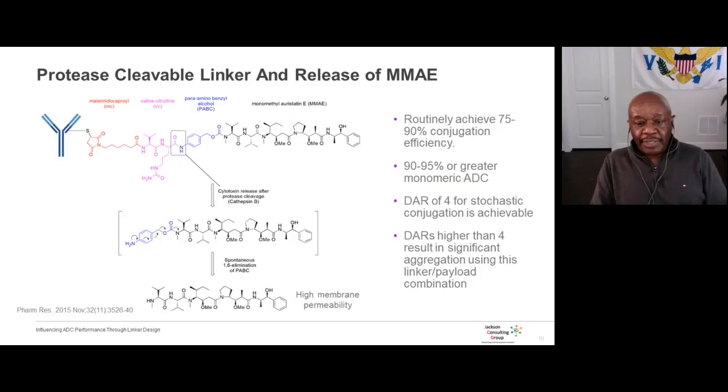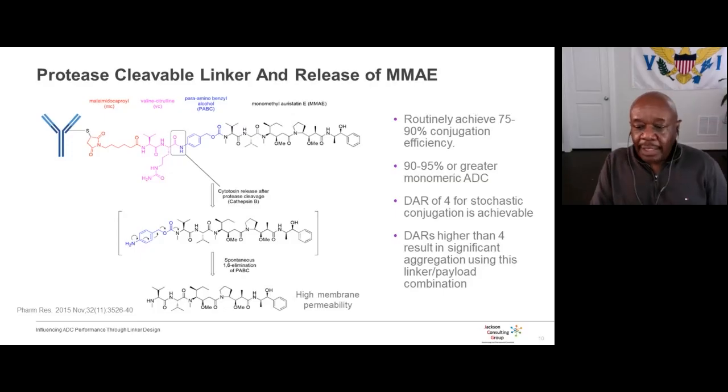For these types of ADCs, the traditional ADC using stochastic conjugation is DAR 4, so 4 drugs per antibody. If you try to go above DAR 4 using this type of linker payload, you're going to run into aggregation issues. And I know Matt has in his presentation some technology using very, very interesting linker chemistry, which can get you around this potential issue, so you can develop ADCs with a higher than DAR 4 for MMAE.